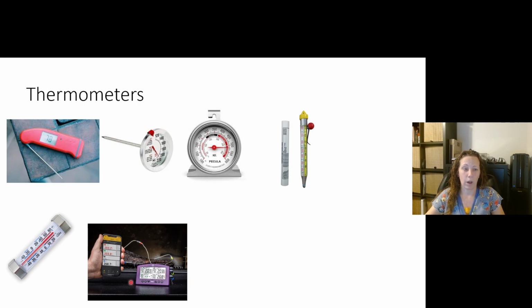This one is actually wireless, so it sends the temperature readings to your phone or to a wireless device that's included with it.